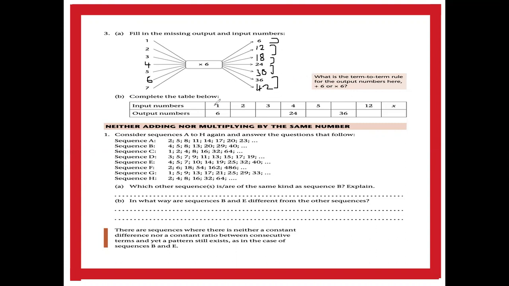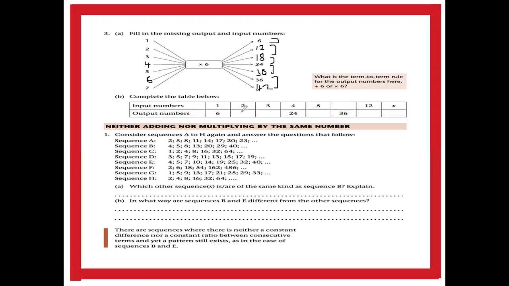Complete the table below. So we have input numbers here and output numbers down here. It looks like we have the exact same thing that we have over here. 1 is an input and 6 is an output. So that looks like 1 times 6, and then we have 4 as an input and 24 as an output. So that looks like 4 times 6.